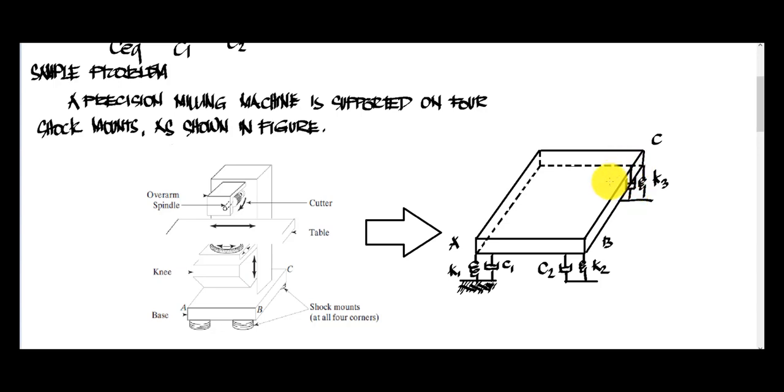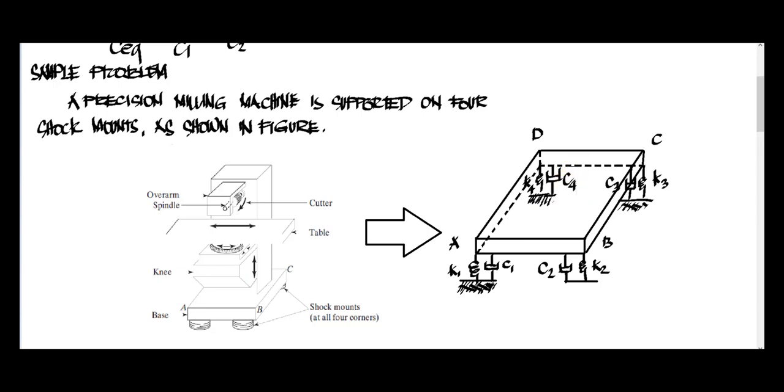So this is now our C sub 3 also. And for that point D, I draw the spring here for this part. This one will be our K sub 4. And we have the symbol for your damping constant here. So this will be C sub 4.